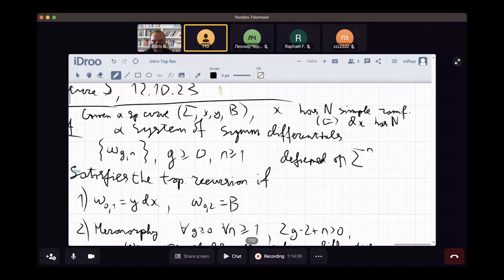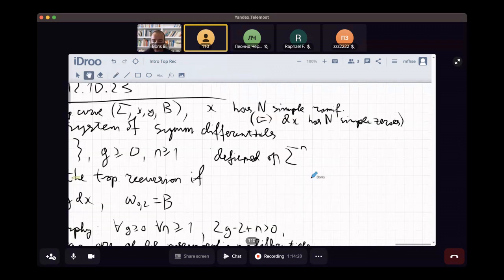In the case of Hurwitz numbers, and also in the case of monotone Hurwitz numbers, this holds.